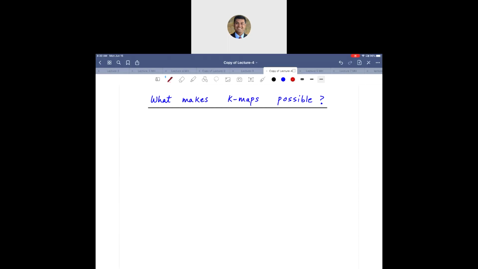So consider this. I'm going to say consider some function f, which is x and y, or x and y complement. If you have this logic expression and you're asked to minimize it, the first step you probably will do is factor out the common Boolean variable, which in this case happens to be x.